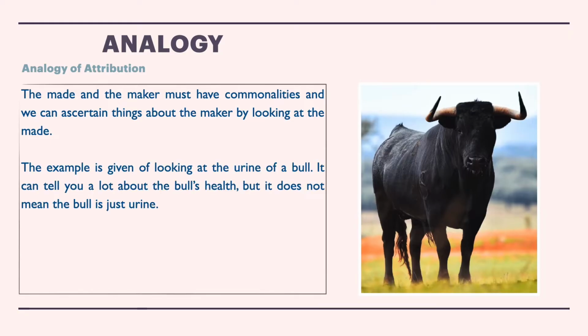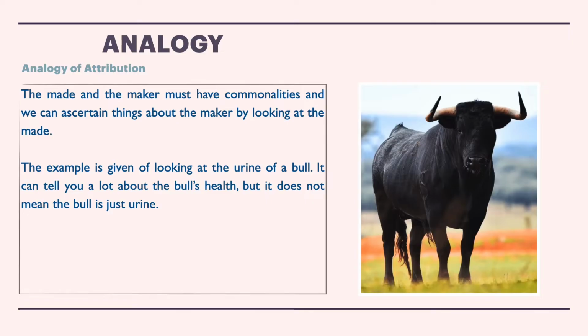Now, the example that he gives here, his analogy of attribution, is to look at the urine of a bull. He says that it can tell you, when you analyze the urine of the bull, a lot about the bull's health. But it does not mean that the bull is just urine.